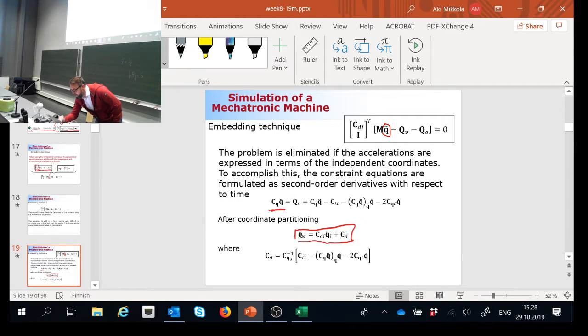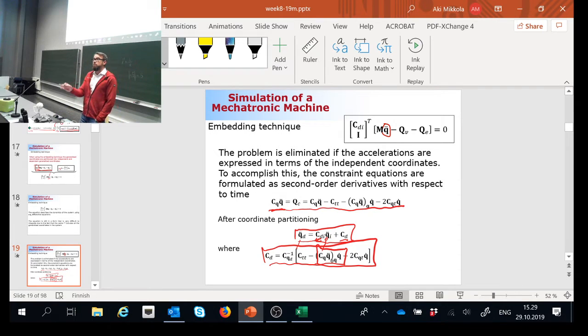So we have here the dependent acceleration, expressed by the independent ones, and this is something we are already familiar with. Then there is one more component left, coming from this part here, and it can be written as shown here. And here is the monster term that we are already familiar with. That's the one we also use in the method based on Lagrange multipliers.